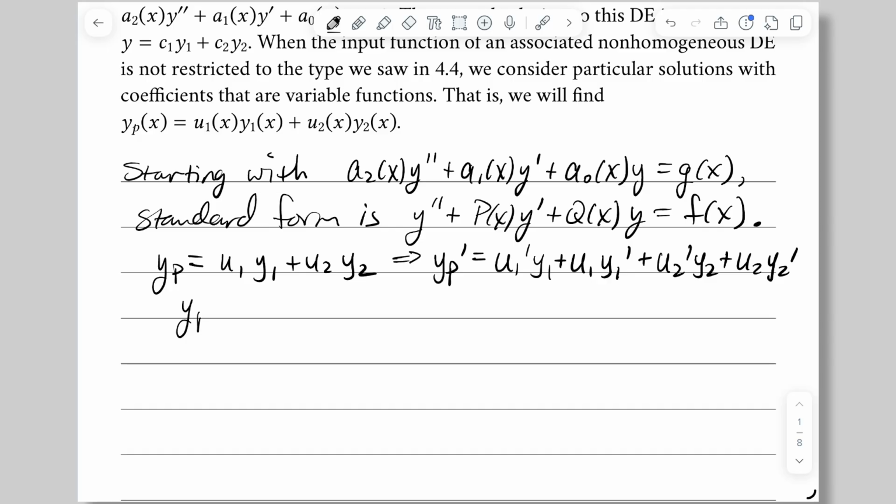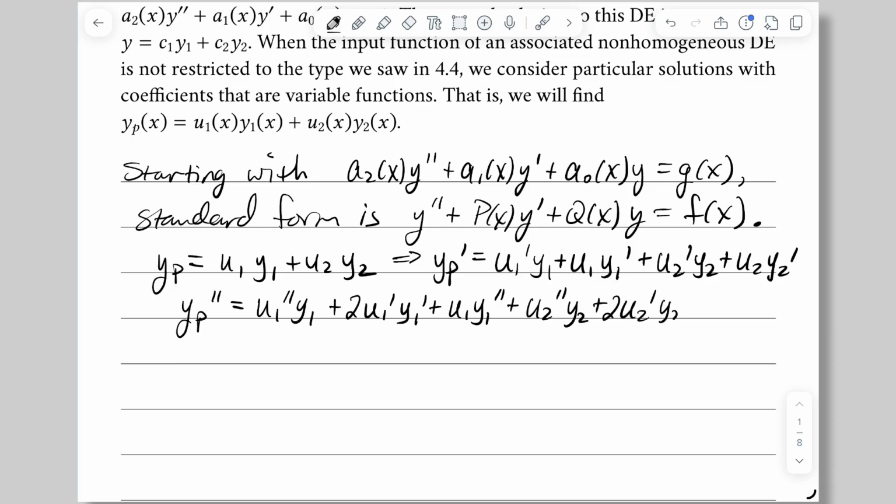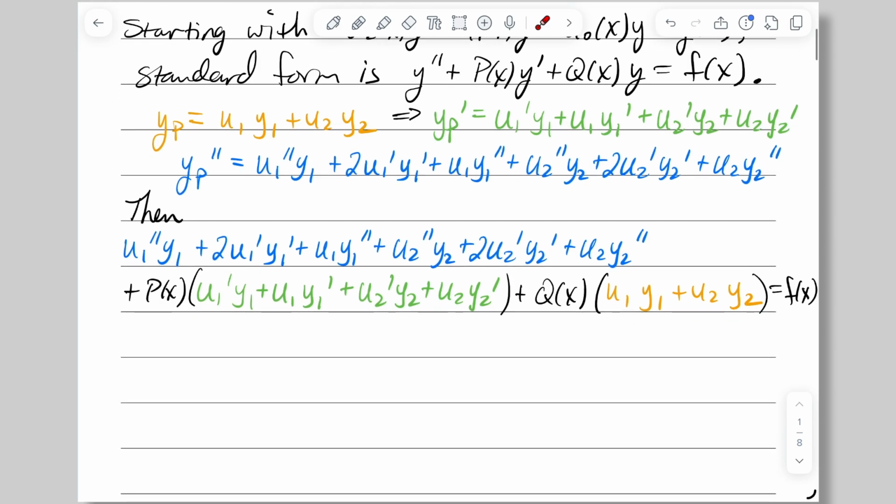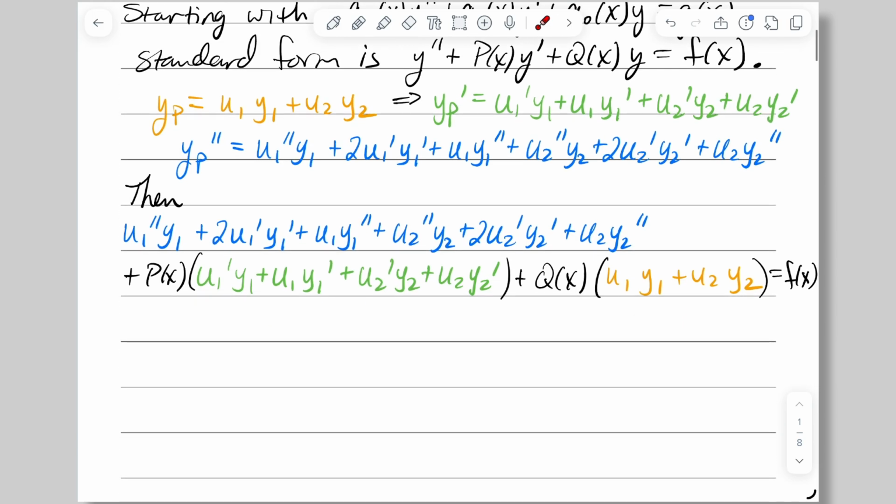You can verify that yp double prime is going to be u1 double prime y1 plus 2u1 prime y1 prime plus u1 y1 double prime plus u2 double prime y2 plus 2u2 prime y2 prime plus u2 y2 double prime. Substituting that into the differential equation gives us, let's face it, a lot of terms.